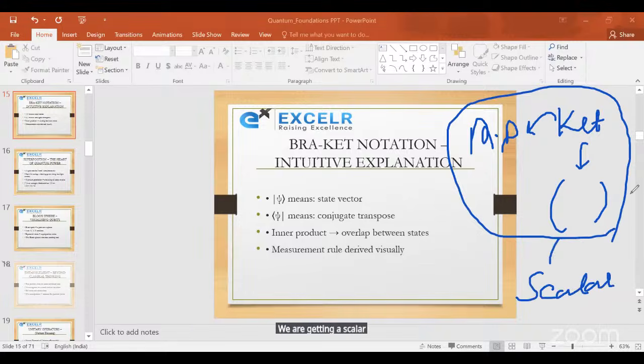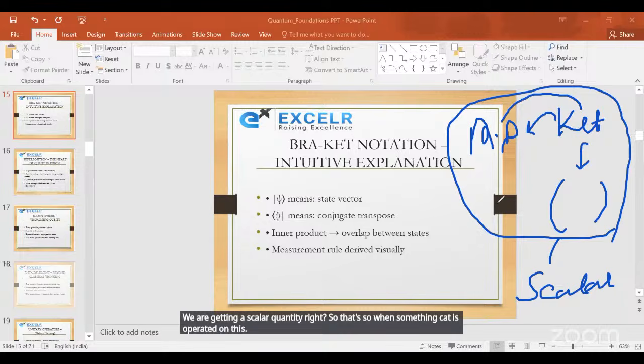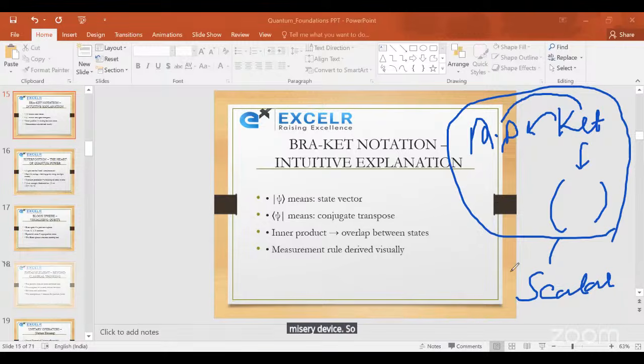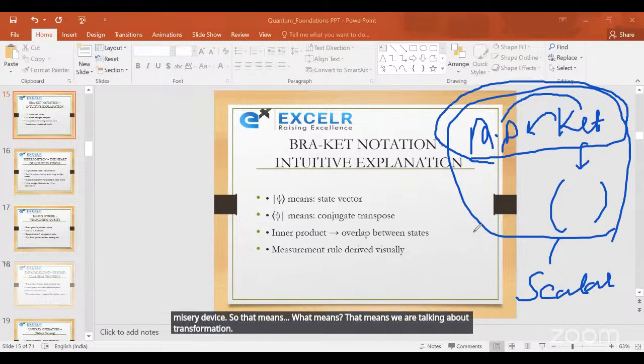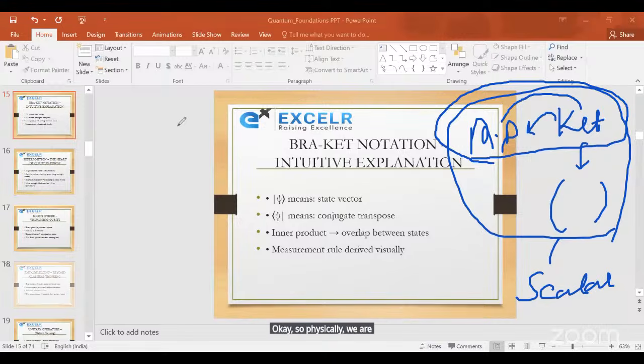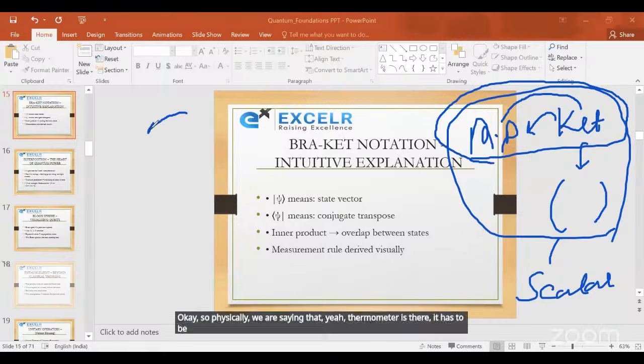That means we are talking about transformation. Physically, a thermometer has to be applied to a hot object, like that.